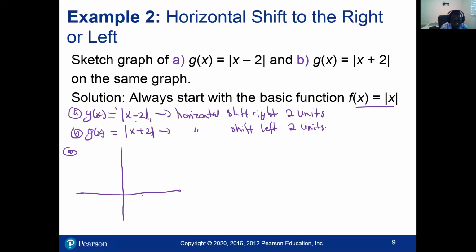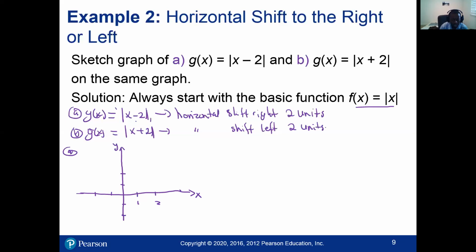So we're going to have 1 and 2, and over here we also have 1 and 2. That is 1, and this is -1, -2, and then -1, -2. This is my x-axis. That's your y-axis.